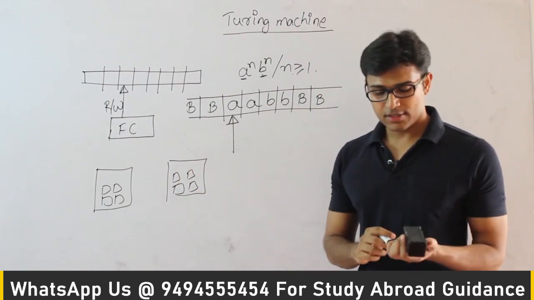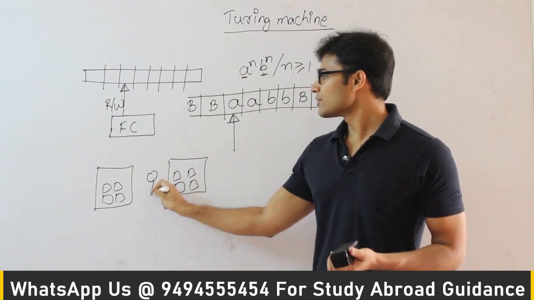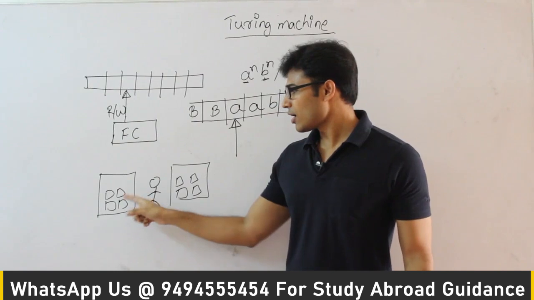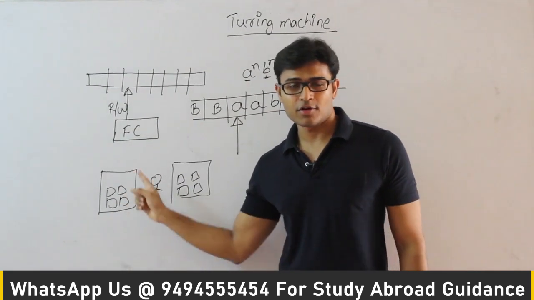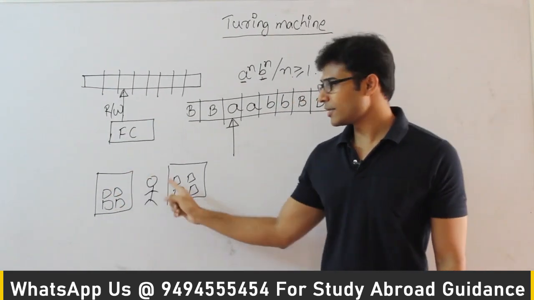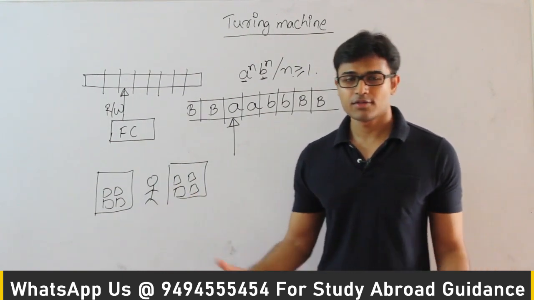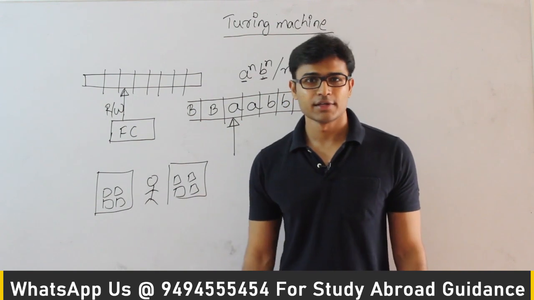And there is a man here and he doesn't know how to count, and he is given the responsibility to cross check whether the number of bags of cement is equal to the number of bags of sand, and he doesn't know how to count. Then how is he going to do that?